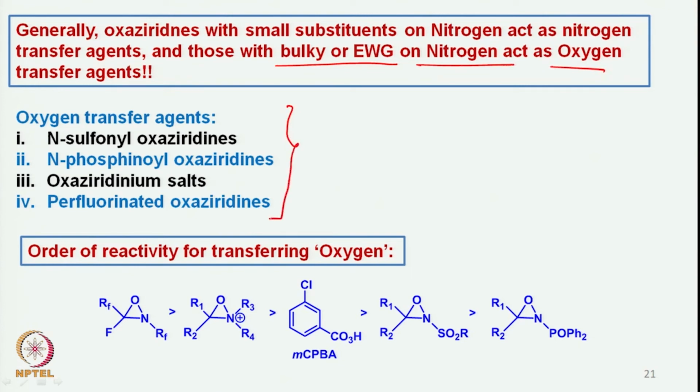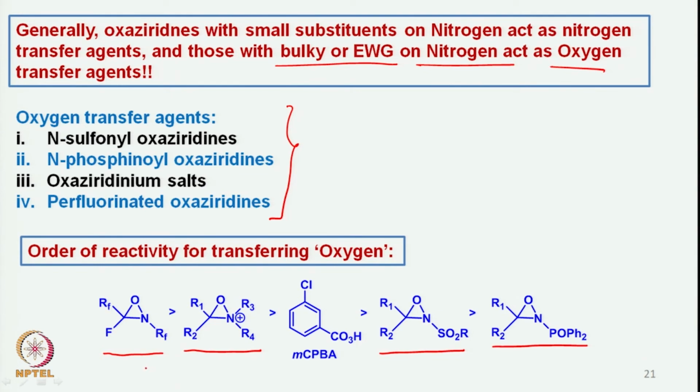There are 4 of this kind I have already shown here: N-sulfonyl oxaziridines as shown here, then N-phosphinoyl oxaziridines, then oxaziridinium salts which are here, then perfluorinated oxaziridines. These are the 4 different types of molecules which can transfer oxygen to a nucleophile.